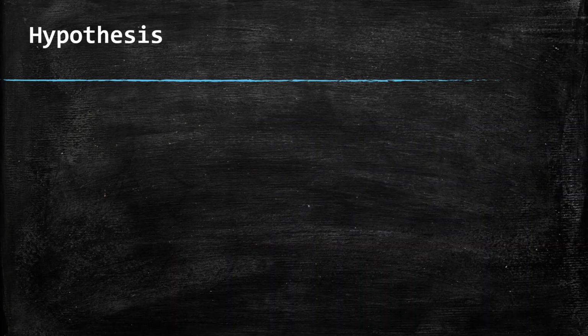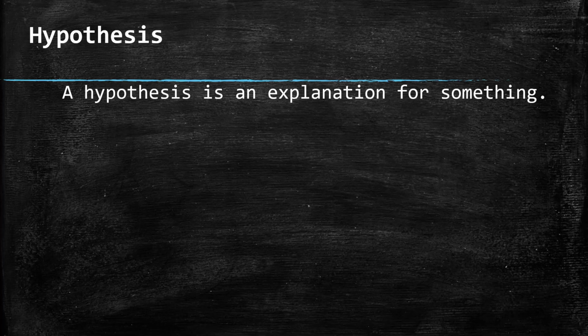Now let us move on to see another important aspect known as hypothesis. What is a hypothesis? A hypothesis is an explanation for something. For example, suppose the India team loses. Everyone will have a hypothesis. Somebody will say team composition is not good, that is his hypothesis.